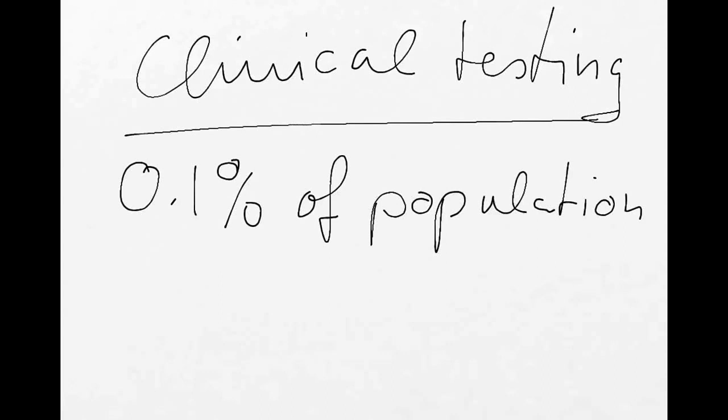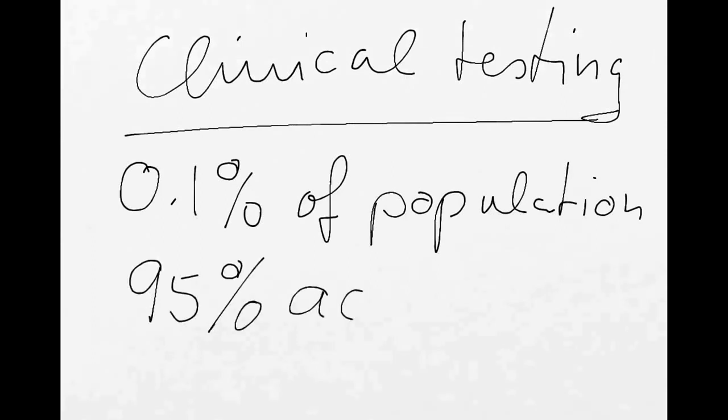So you have to be very careful if you dish this drug out. Now the good thing is, again, there's a test. So we can test people for whether they have this disease. And this test has a 95% accuracy.